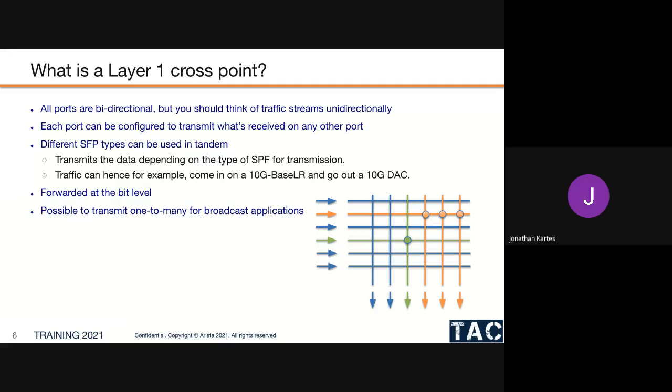Now, that said, each port on the device can be configured to transmit exactly what's received on any other port. So that means that instead of traditional dynamically distributed broadcast or multicast traffic, you could, for instance, have a host connected on Ethernet 1. We'll say that that's where this is on my cursor, and this box kind of represents the 7130 platform.